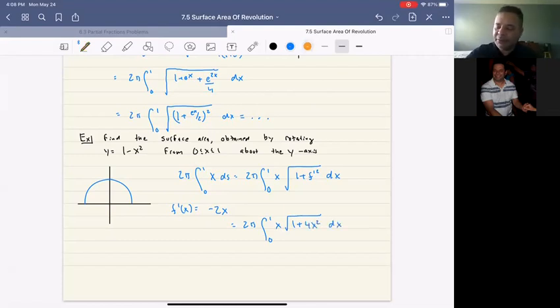Okay, and then this one you can do a substitution, 1 plus 4x squared. And from there, your du is going to be 8x dx. So it's going to be a standard, pretty easy to calculate integral.